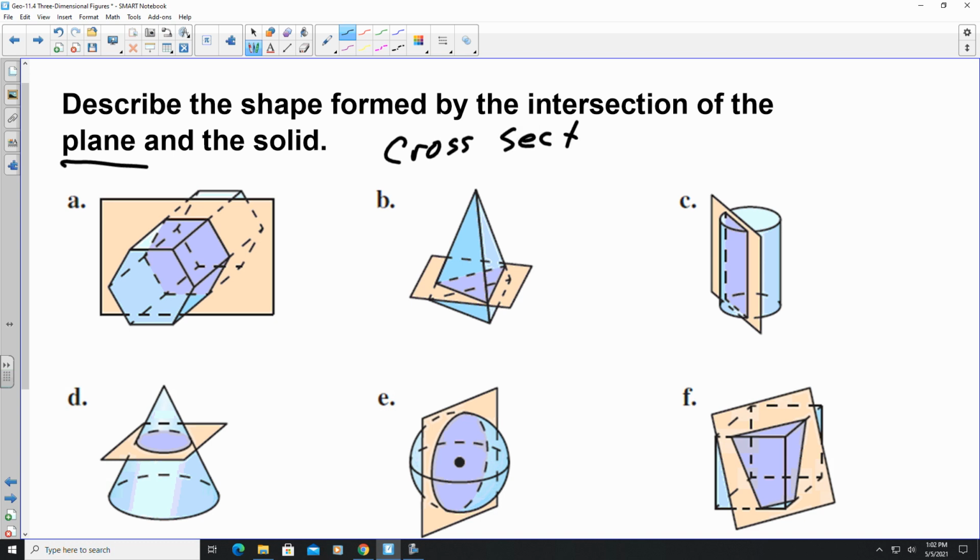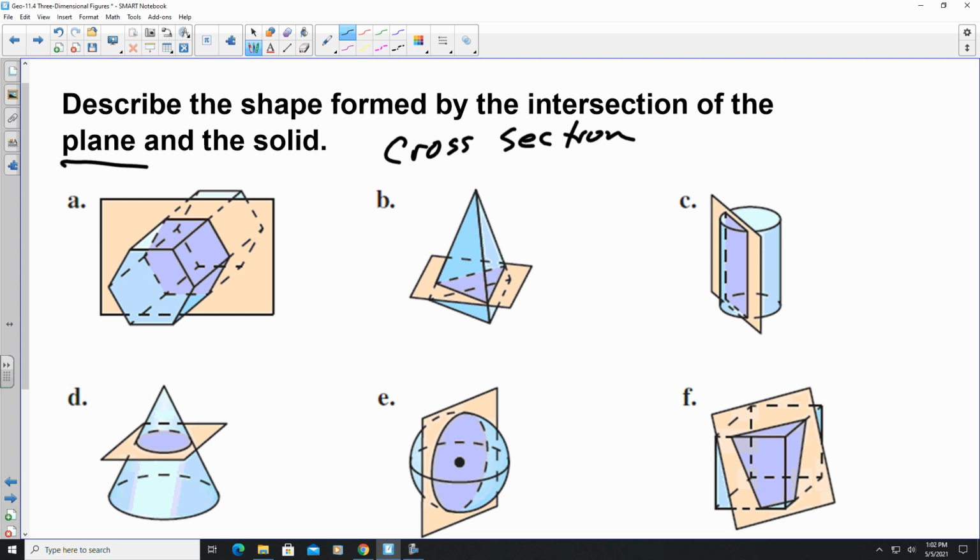And the cross section is creating a two-dimensional object. So from that slice, depending on what kind of a polyhedron or what kind of a three-dimensional object you are getting and the angle that it is being cut at, what two-dimensional shape are you getting?